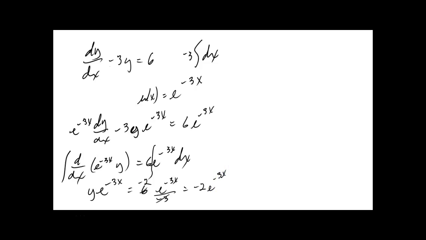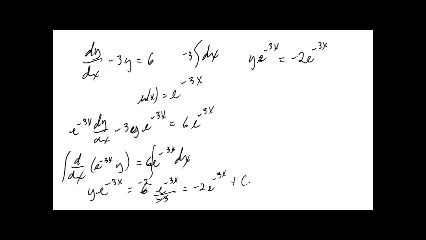So here's what we've got. y e to the minus 3x is equal to minus 2e to the minus 3x. Oh, wait a minute, folks. And by the way, we did have a plus c here.